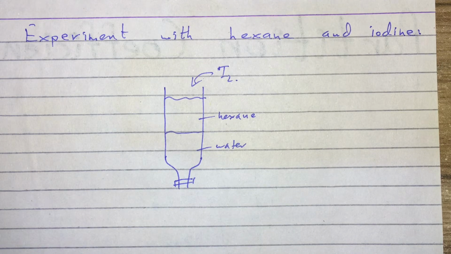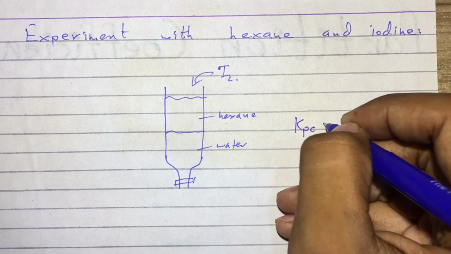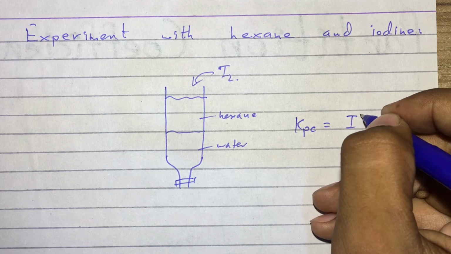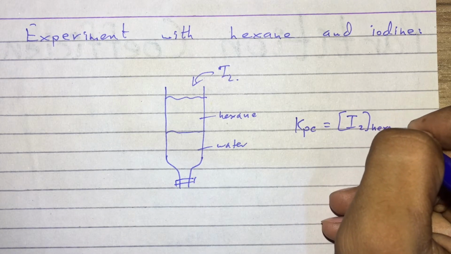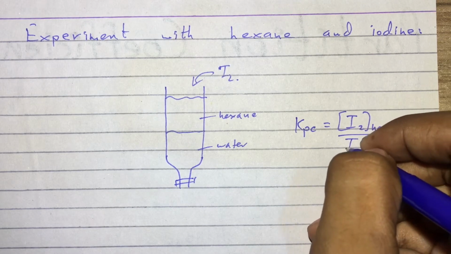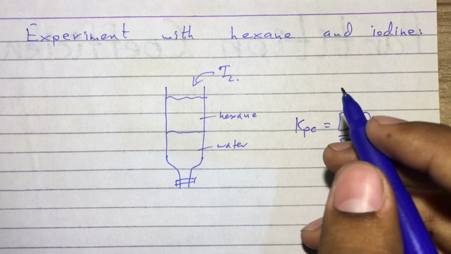Using this we can determine the concentration of iodine in both the layers, right? So once we have the concentration of iodine in both the layers, we can use the formula for Kpc, that is iodine concentration in the hexane layer, which is the organic layer, upon the iodine concentration in the aqueous layer to find the value of Kpc.